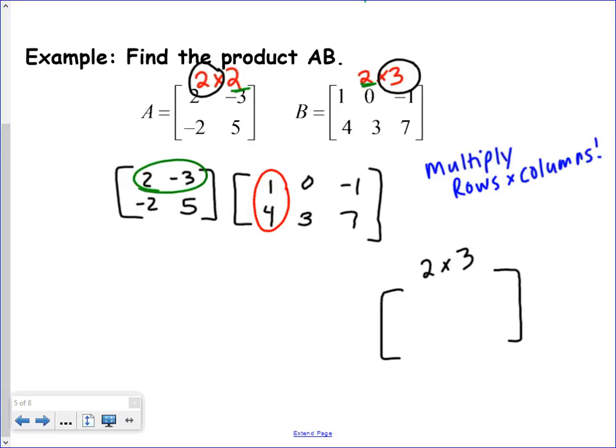Now, when multiplying those things together, multiply the corresponding entries, like the first entry in the row multiplies with the first entry in the column. The second entry in the row multiplies with the second entry in the column, and then we add those two products together. So I'm going to write out my work for this.